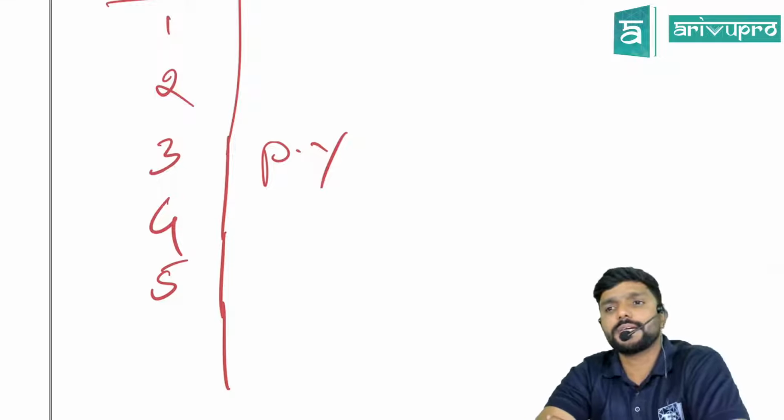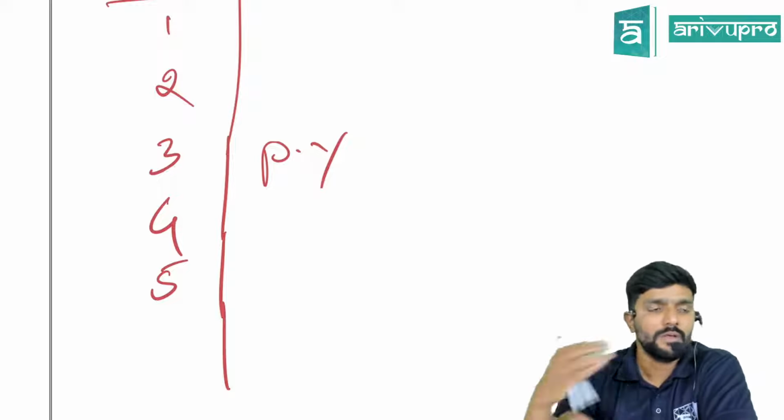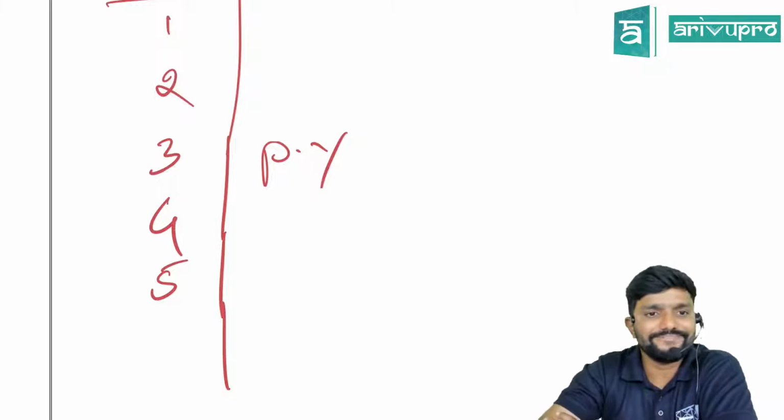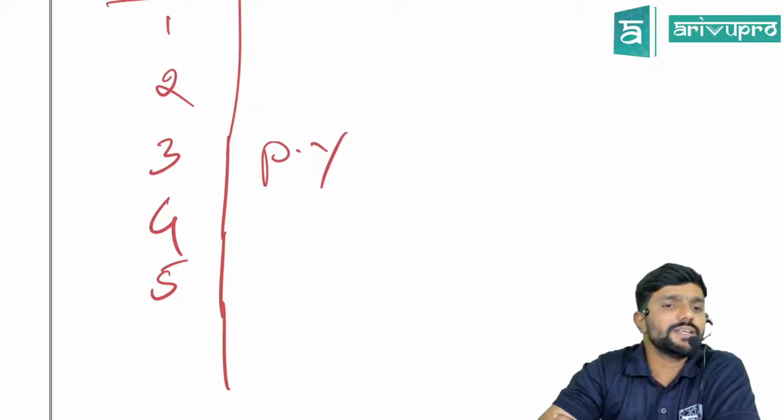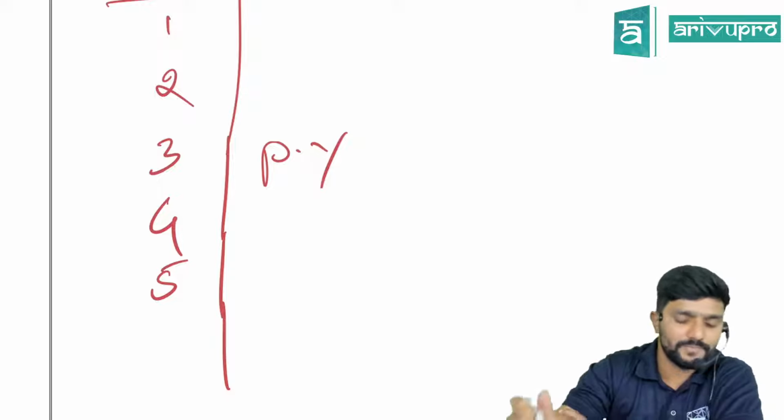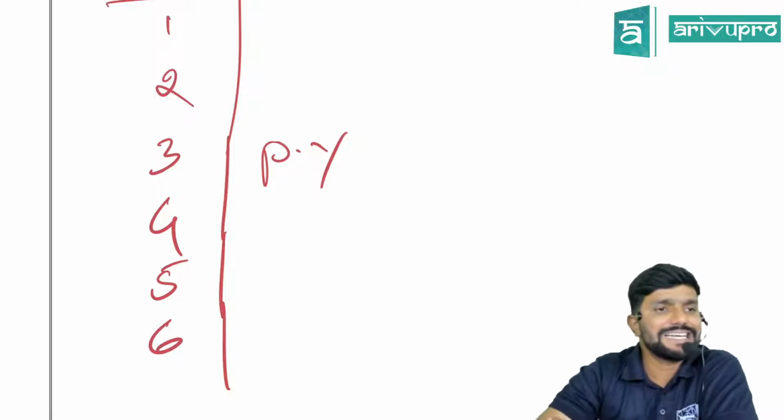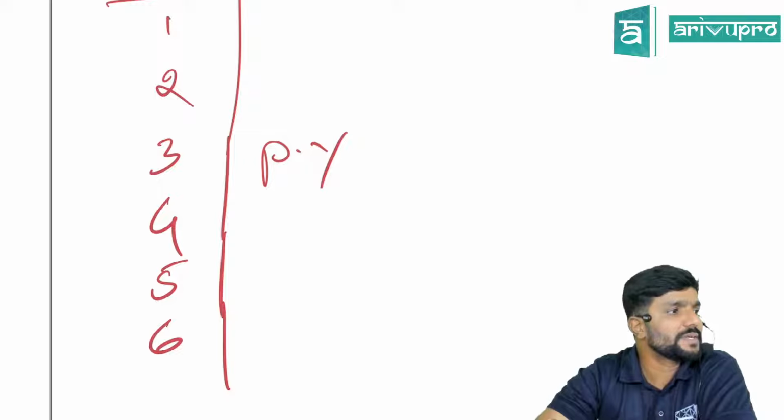Scope of total income. Next 6. Residential status.